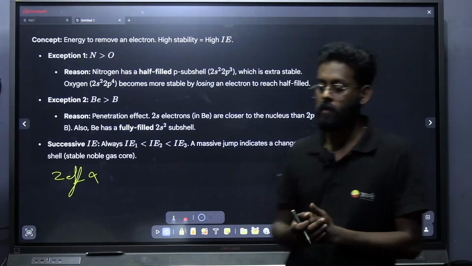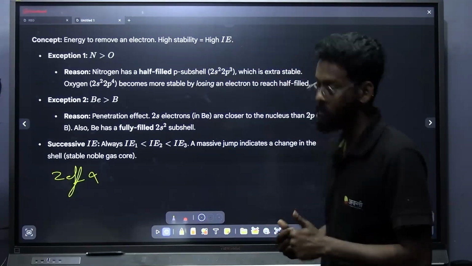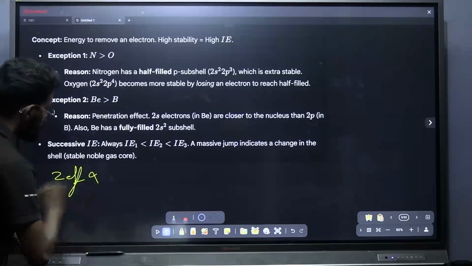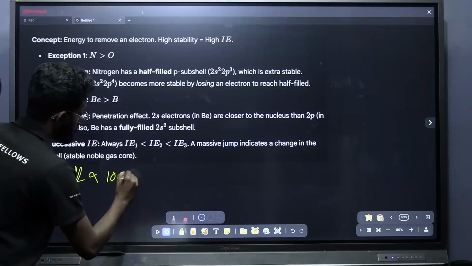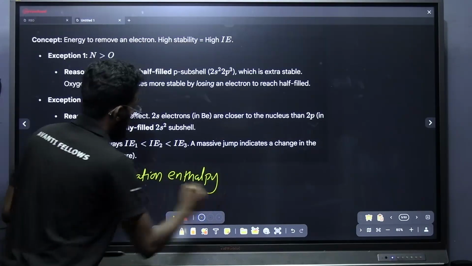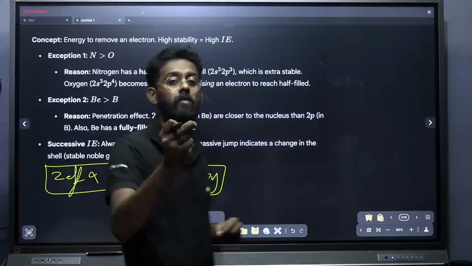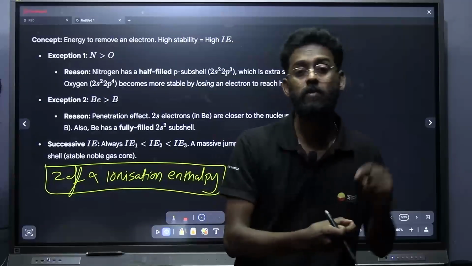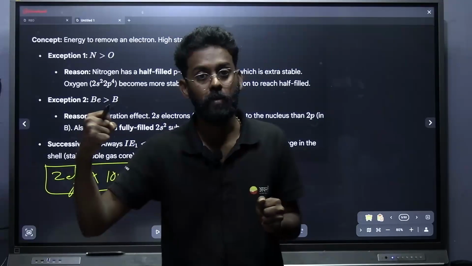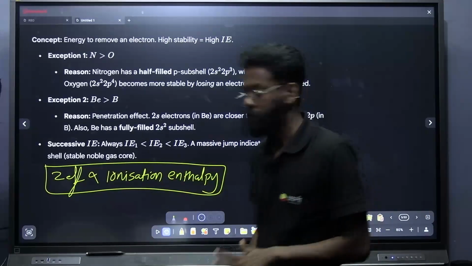Yes, Surabhi, very good, it is higher. So Z effective is directly proportional to the ionization enthalpy. Higher the Z effective means that electron will be more closely attracted to the nucleus, which means we have to supply a big energy to remove that electron. And that energy is called ionization enthalpy.